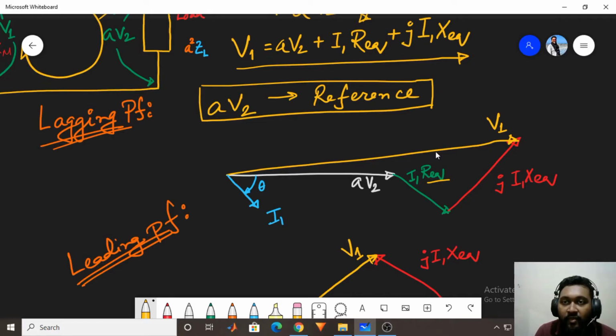As there's an imaginary part here, we know that the phasor will be shifted by 90 degrees. So as you can see here, our j I1 X equivalent is 90 degrees shifted from our phasor of I1 R equivalent. So our final phasor will be V1, from the initial point to the end point V1. This is our phasor diagram for lagging power factor.